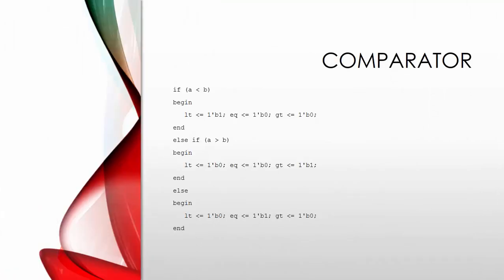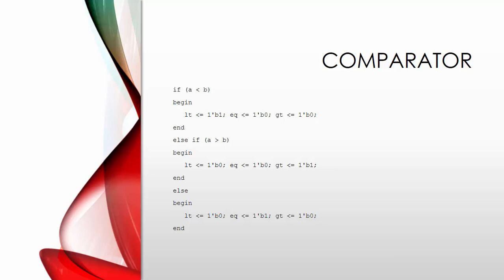And if you use always block instead of assigning to wires, you can use if else like this. So it is a lot easier because we can see the operation clearly. If A is less than B, then the LT output will be given a 1, the rest given zeros.